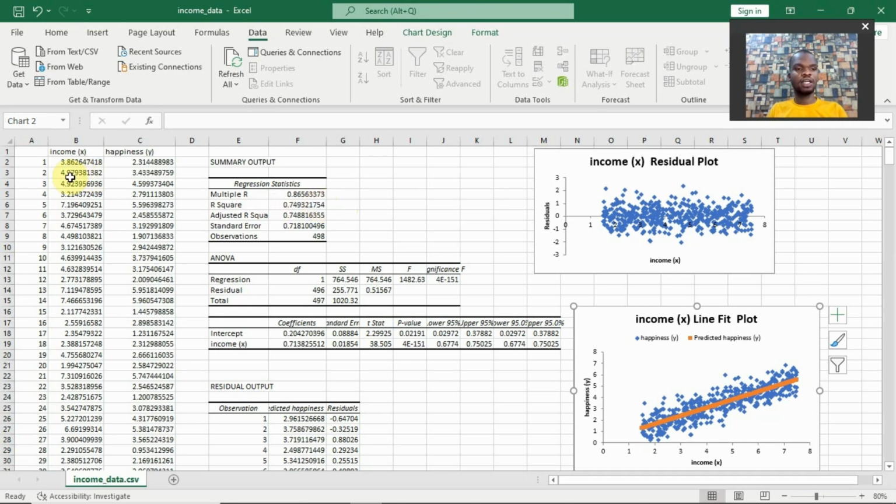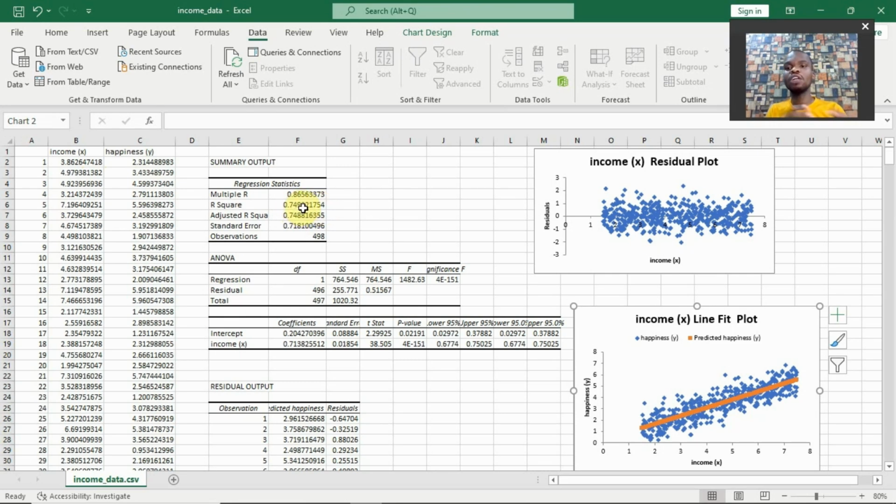For instance, here that you have 4.979 for your income, you have about 3.4 happiness. And when you have 4.92, which is still close, you have about 4.5, which is quite a big distance. But our model accounts for this variability, meaning that it can predict better, because you can see that the R square value is quite high.